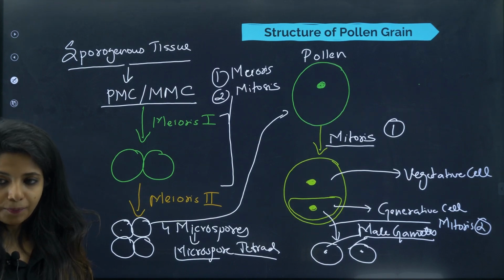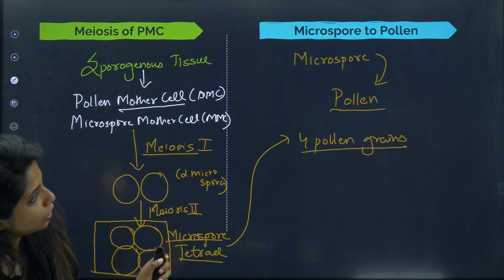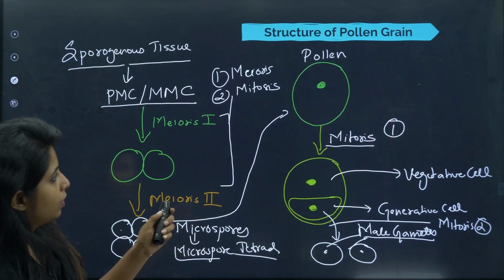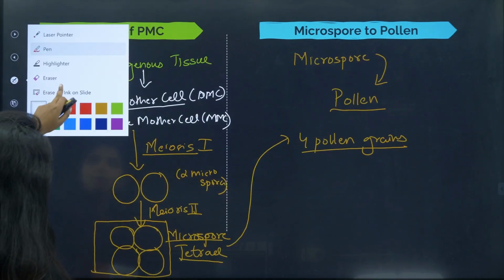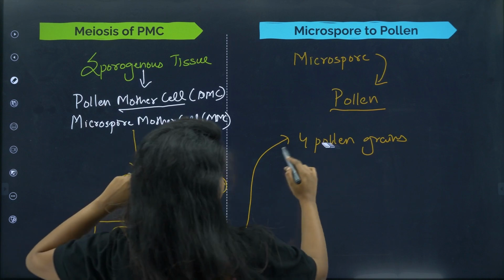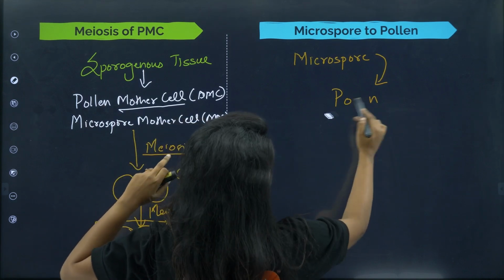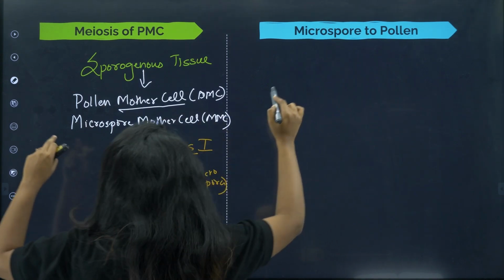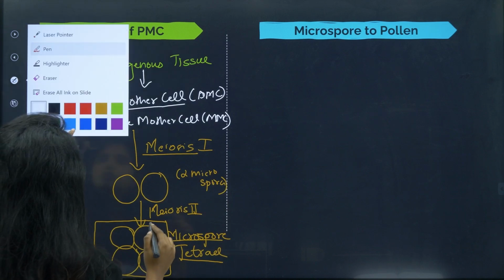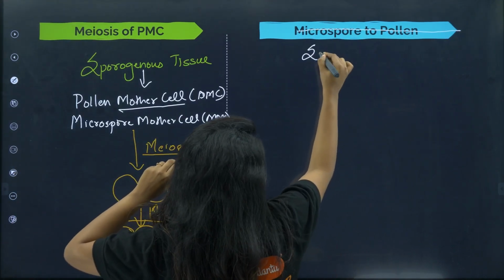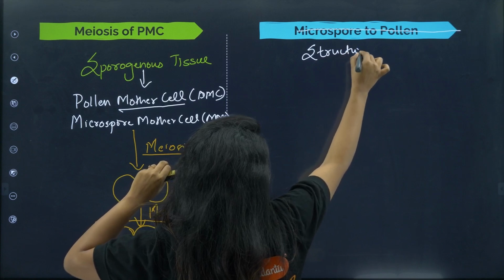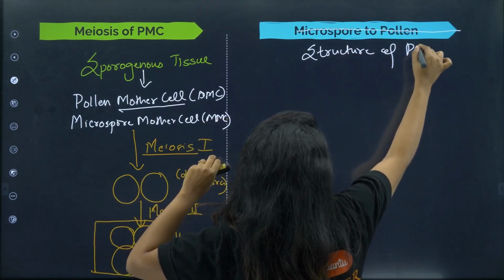Okay, is this clear? Now, over here we can explain the structure of the pollen. Okay, so I am going to erase this particular thing, and I am going to explain to you the structure of the pollen. So, instead of this, I'll write structure of pollen.